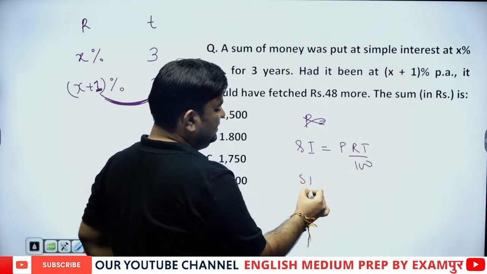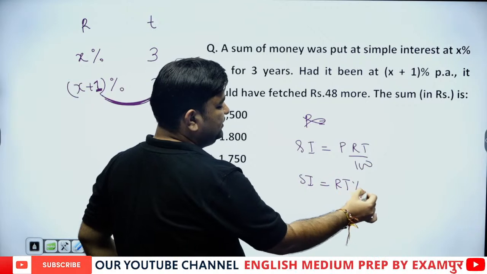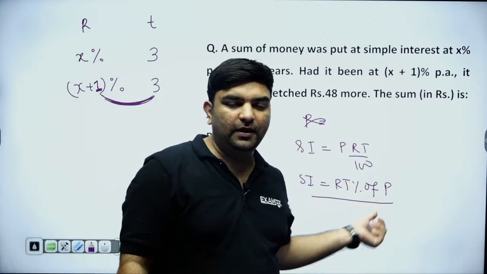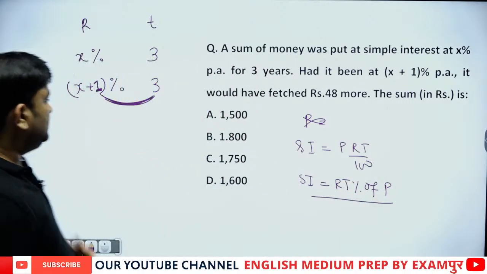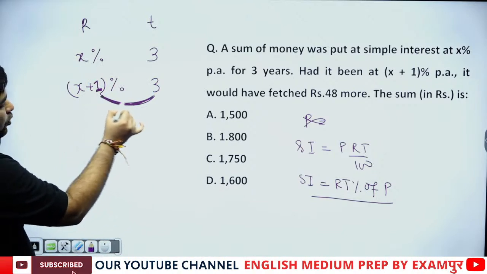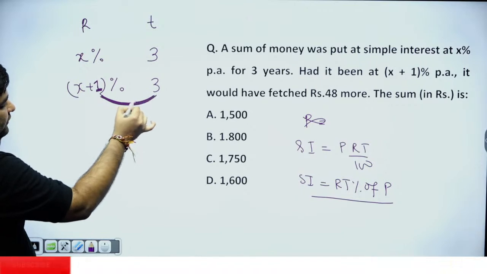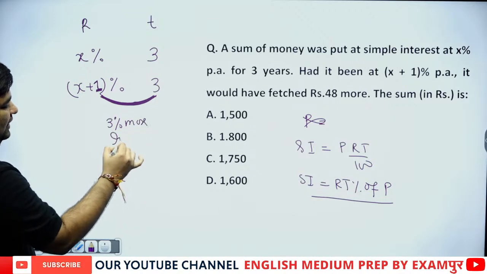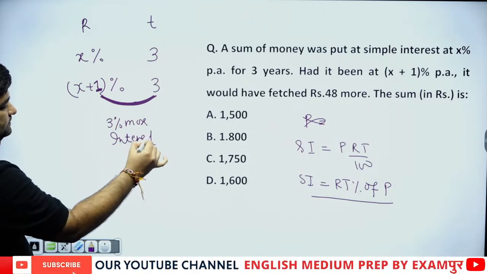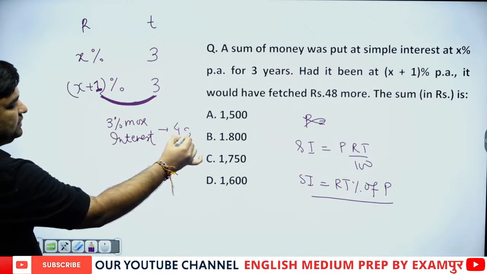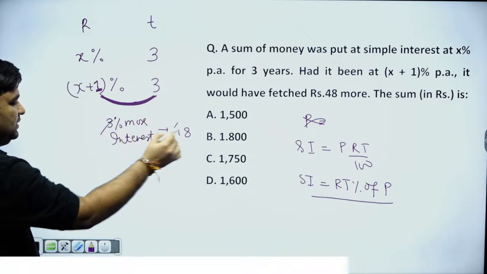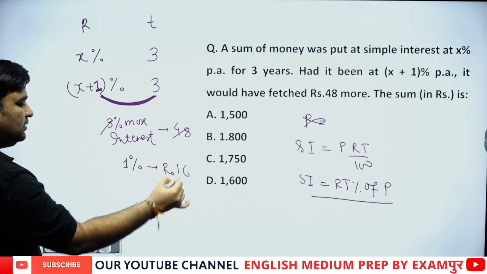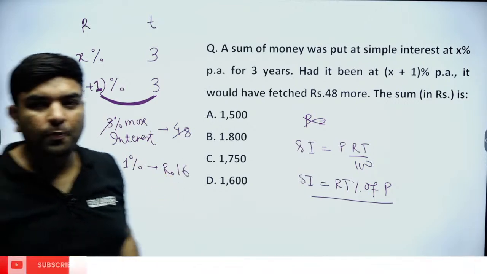So can I say 1% more rate for 3 years, you will get 3% more interest, which is given as rupees 48. So 1% interest is equal to rupees 16.